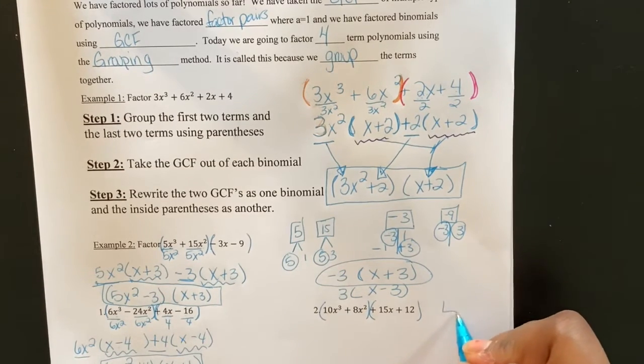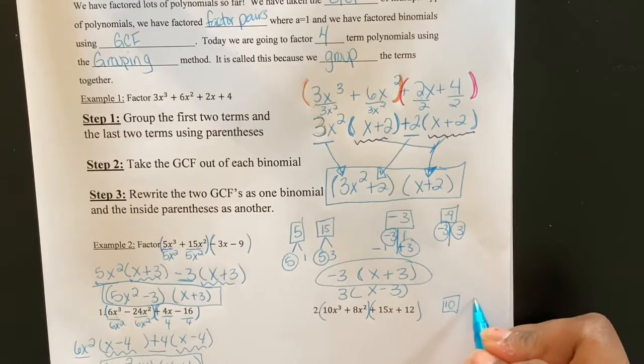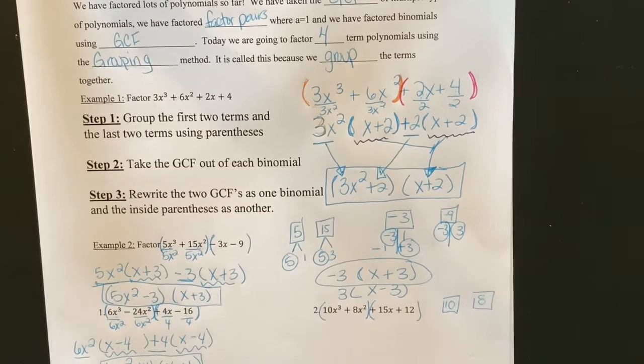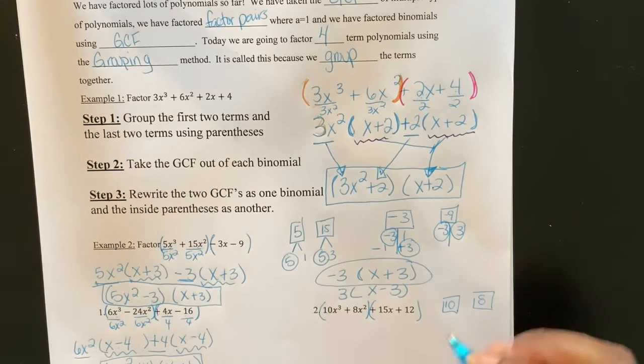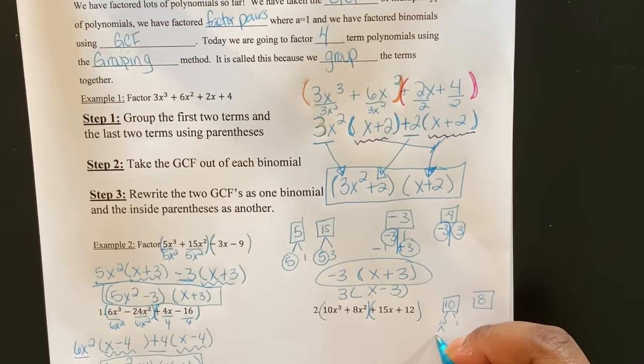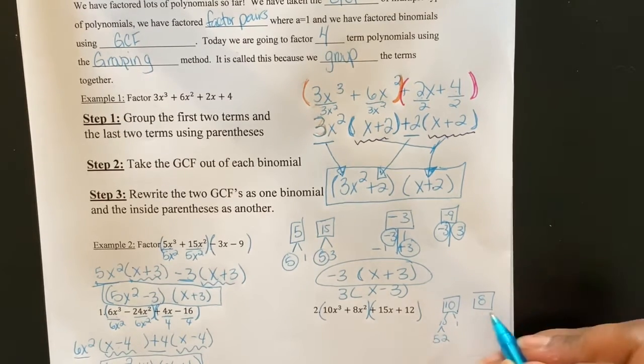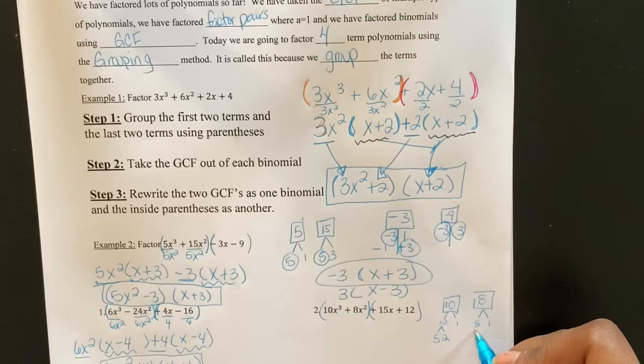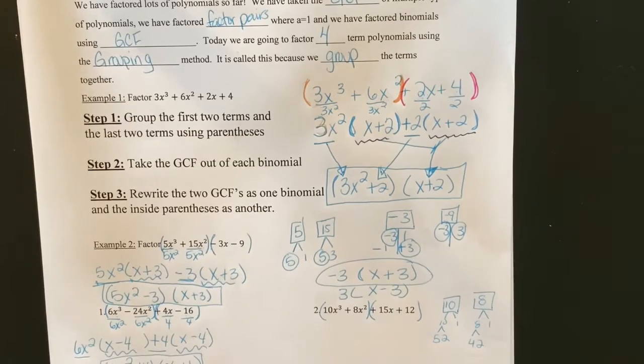Let's find the biggest factor they have in common. 10 is 10 and 1, 5 and 2. And then 8 has 8 and 1, 4 and 2. And then you can say this is 2 and 2. So it's clear the biggest factor they have in common is 2.